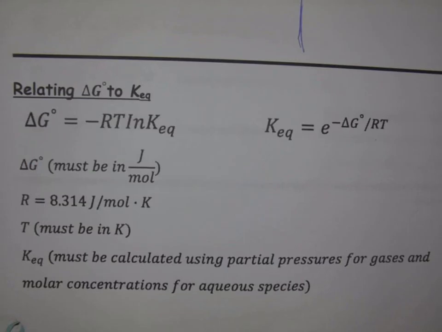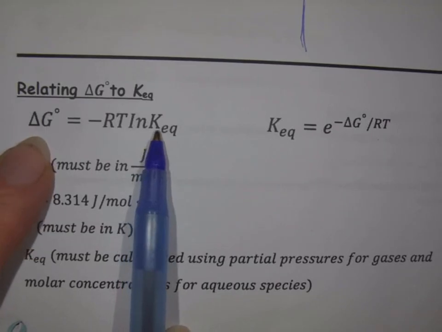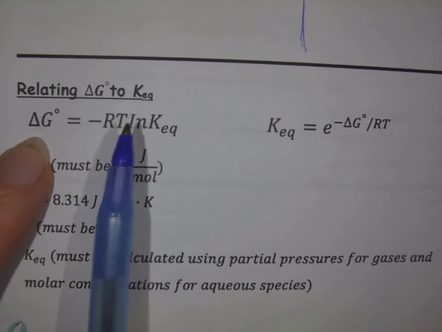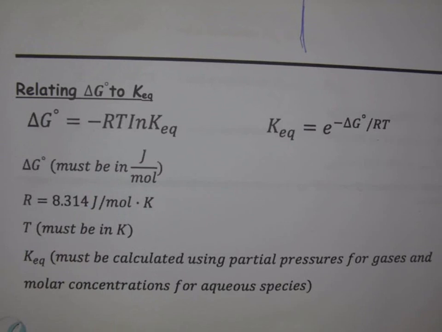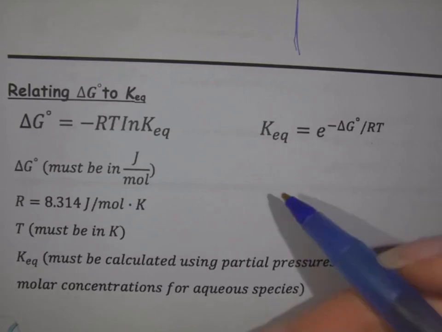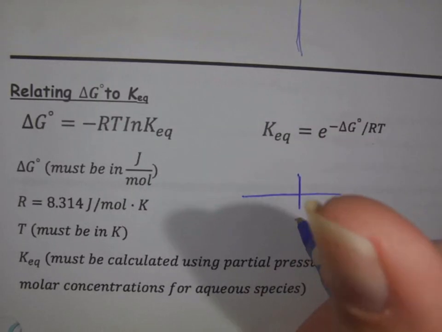So here we can see that the larger the K value is, the more negative our delta G will be. Okay. And we do have more or less this tipping point here, and the line is when K is equal to 1.